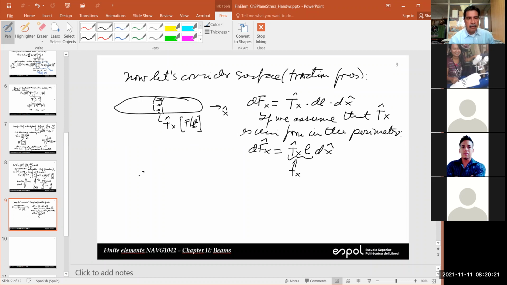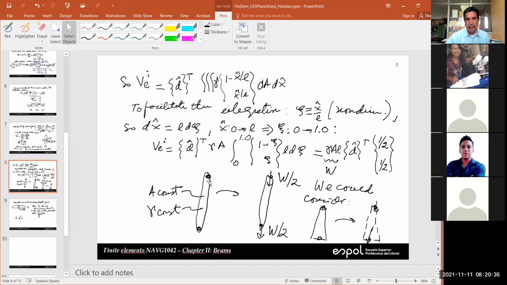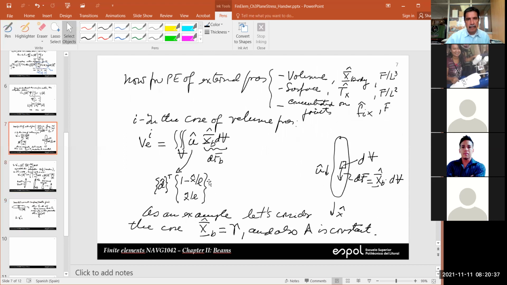Now, we can say that the potential energy of this second type of force has to be equal to what? Again, let me go back. Okay, we're going to do something similar to this one. We're going to take U, and for U, we're going to take this product, and then we're going to multiply by the differential force.